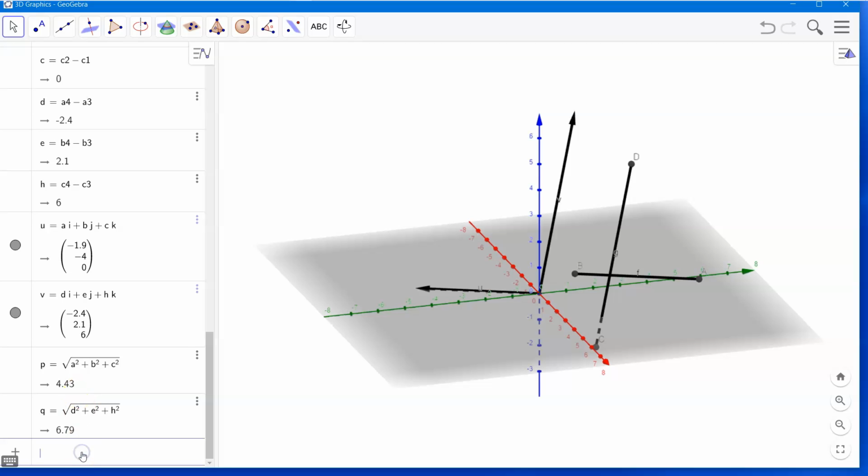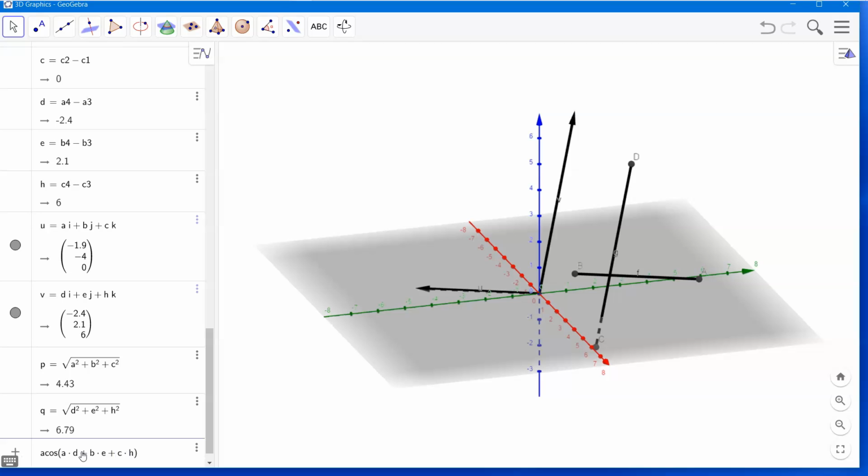Once we have this, we can figure out the angle between these two lines. Theta is equal to cos inverse. So the function is arccos of a times d, that is the corresponding direction ratios, plus b times e plus c times h.